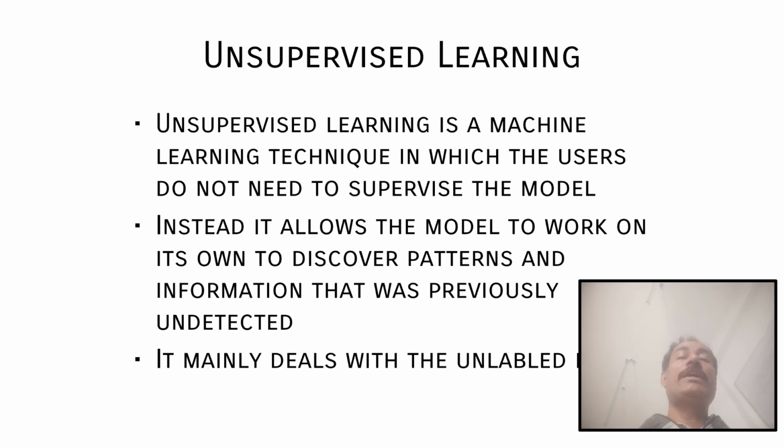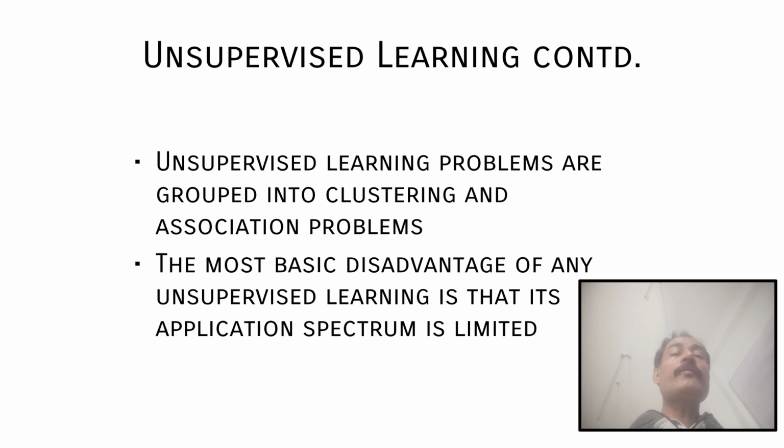It mainly deals with unlabeled data, because we are not considering any previous data or previous experience here. Unsupervised learning problems are grouped into clustering and association problems. The most basic disadvantage of any unsupervised learning is that its application spectrum is limited.